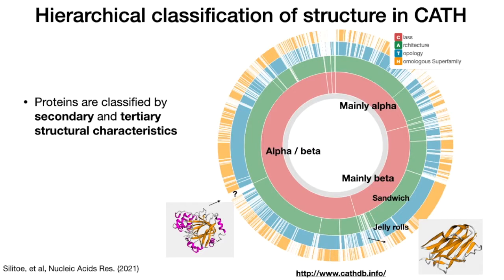The second tier is architecture, which describes the shape of the secondary structural units. The third is topology, which refers to the fold of the protein. And the fourth is the homologous superfamily, in which evolutionarily related proteins sharing the same topology are further grouped together.